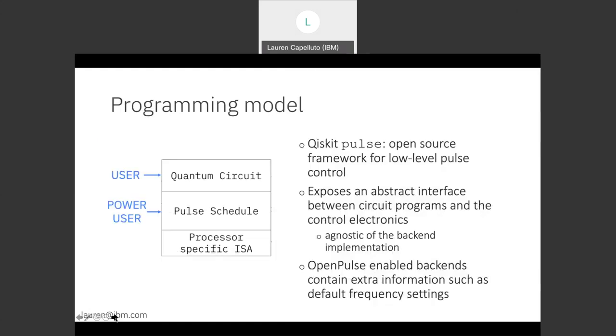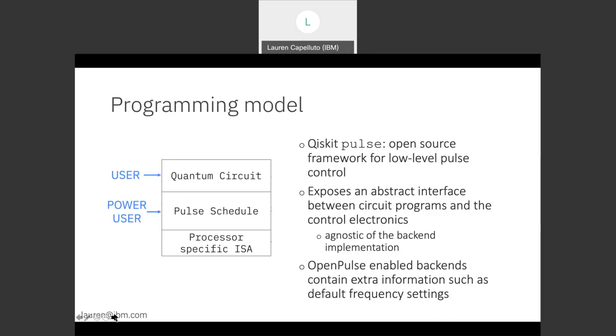Now I'm just going to introduce the pulse programming model. So we're introducing a new interface, a level below the quantum circuit, again for that power user. So quantum circuits can be translated to pulse schedules, but the opposite is generally not true.